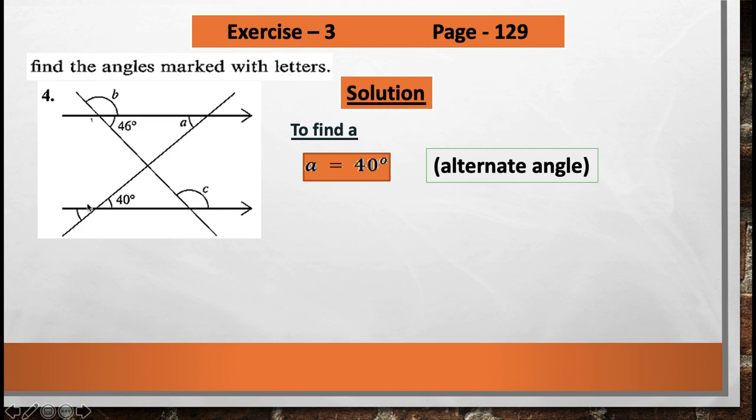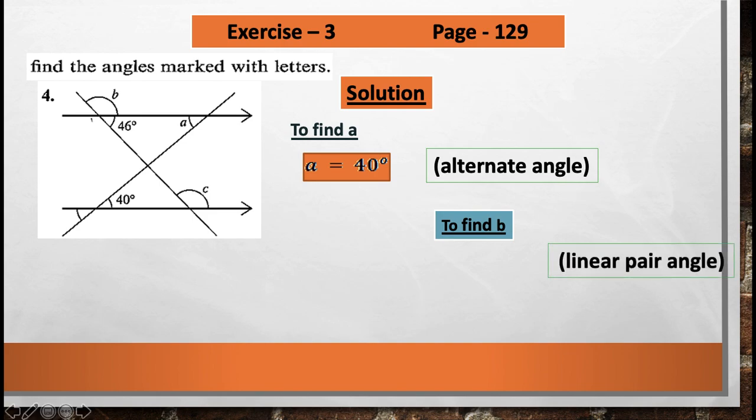Now we will find B. You can see there is an angle near B, right? This angle B and angle 46 degrees lie on a straight line. So B plus 46 degrees is 180 degrees, since they are a linear pair of angles.